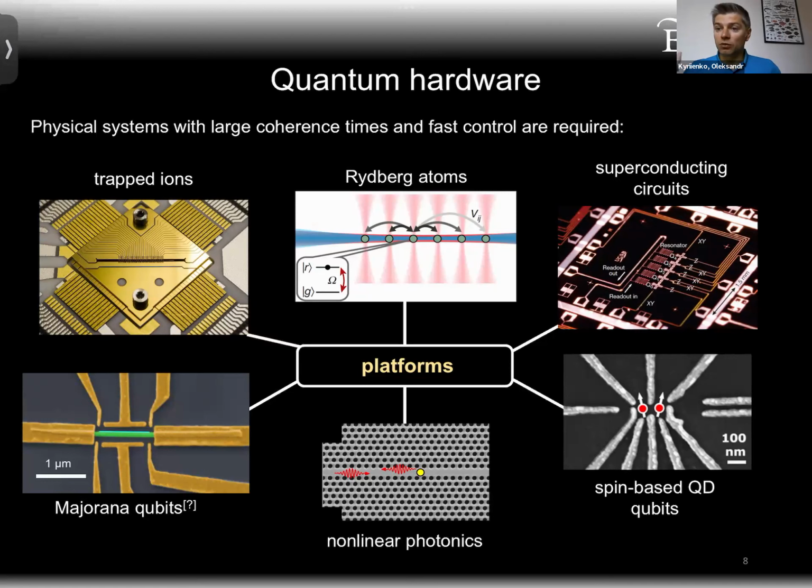But it was growing really fast, and both superconducting circuits and trapped ions now are well in the range of dozens to hundreds of qubits.